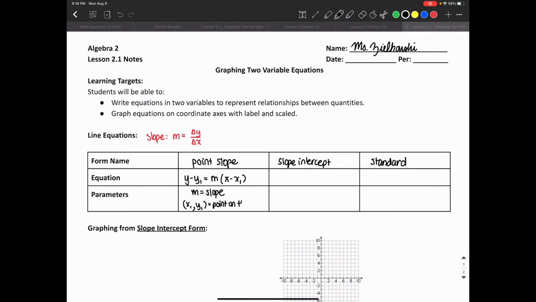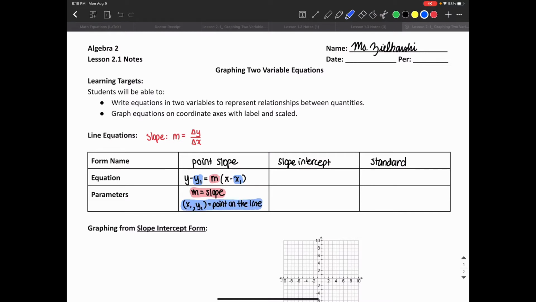Any point on the line you can use. So m is the slope, and these pieces here, x1 and y1, together make a coordinate that is a point on the line.